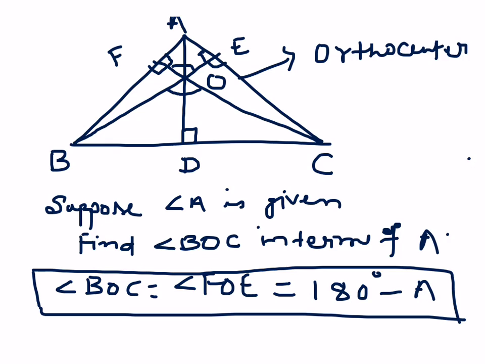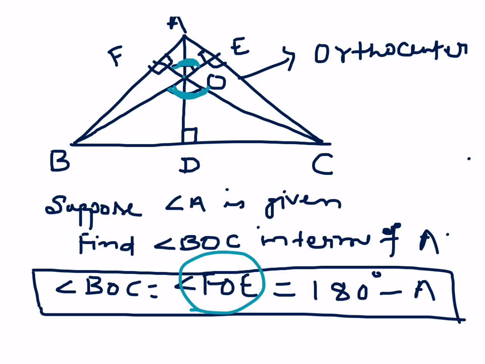Very important. So if I draw altitudes and the point of their intersection is the orthocenter, suppose I have to find angle BOC in terms of angle A. So you can see angle BOC will be equal to the vertically opposite angle, which is angle FOE.